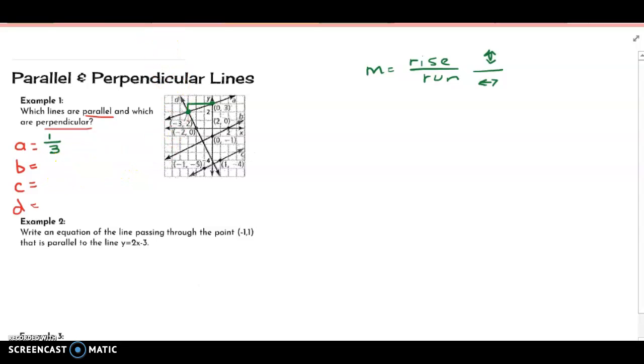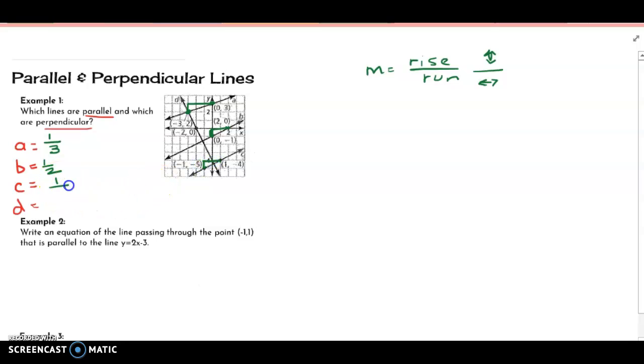Okay, I'm going to do the same thing with B. So here's a point here, here's a point here. So I'm just going to count. I'm going up 1 over 1, 2. Okay, C, here's a point and here's a point. I'm going to count again. Up 1 over 1, 2.